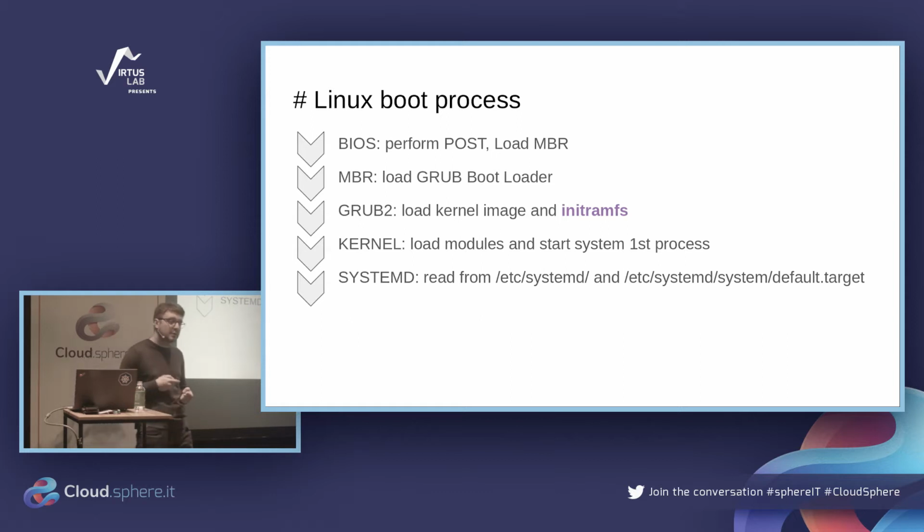So this is where Ignition comes from. As you can see, it's pretty early in the boot process. It's before user space, so we can do many things here. And then the kernel loads modules and starts the system's first process, and then we have systemd services up and running based on some defaults.